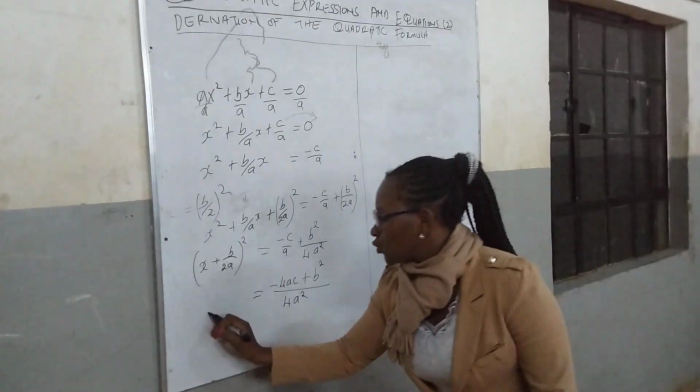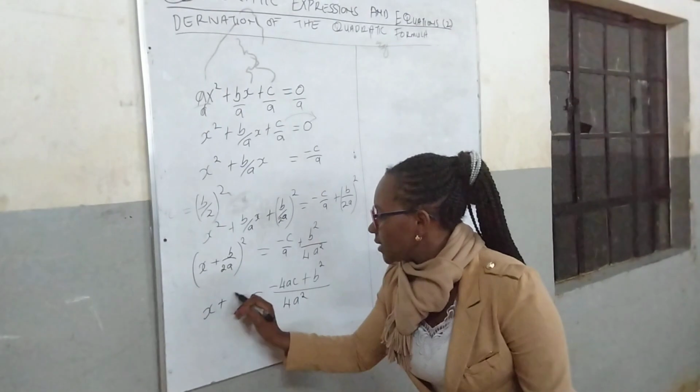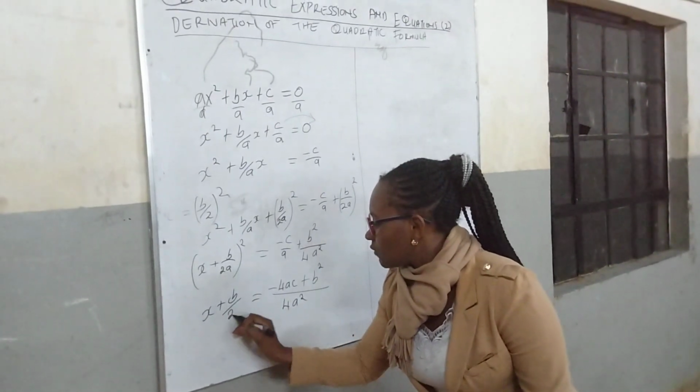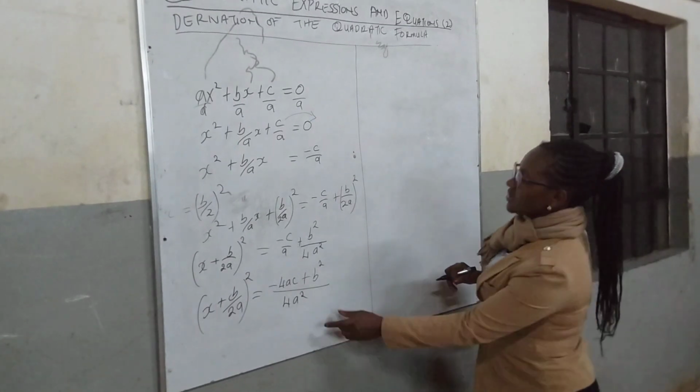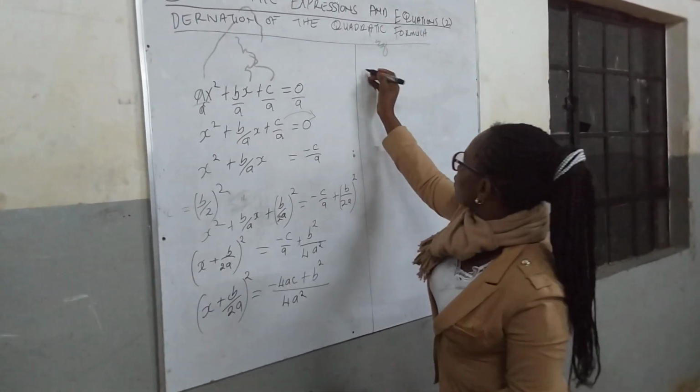This one is equal to x plus b over 2a, and everything is squared. Let us write this one up there for us to see well.